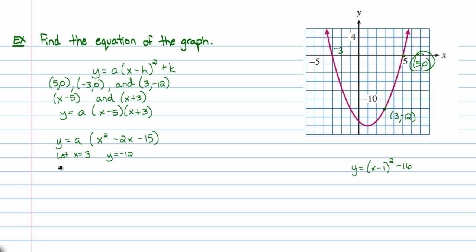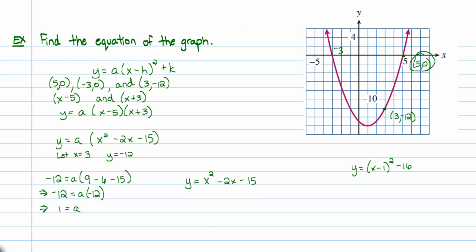Letting y equal negative 12 and x equal 3, we get the following. 9 minus 6 is negative 3, minus another 15 is negative 12, so that implies that negative 12 is equal to a times negative 12. When I divide both sides by negative 12, a will equal 1. Aha! So my equation must be y equals 1 times that trinomial, or in other words, just x squared minus 2x minus 15.